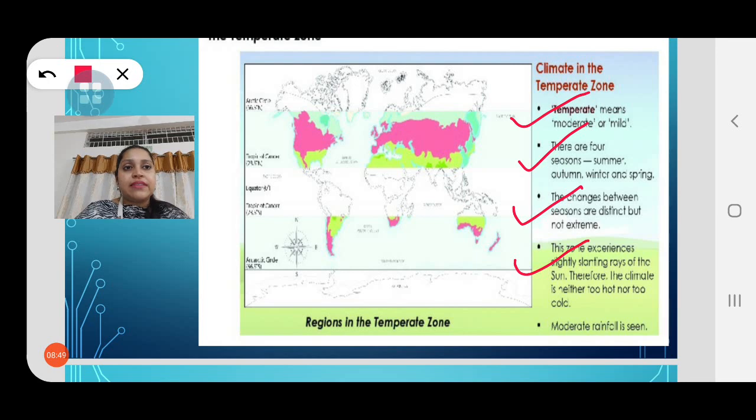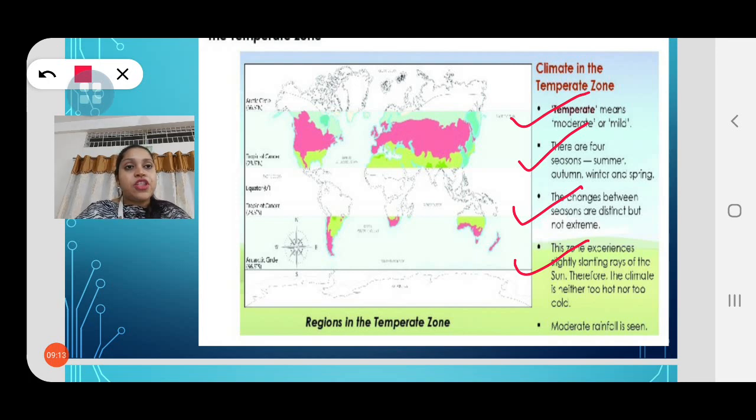Then the 4th characteristic, this zone experiences slightly slanting rays of the sun. Therefore the climate is neither too hot nor too cold. We all know that the area from the Tropic of Cancer to the Arctic circle and Tropic of Capricorn to the Antarctic circle receives slanting rays of the sun, as we have seen in the previous chapter.